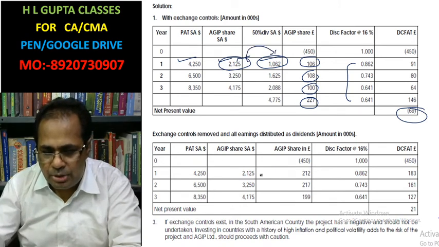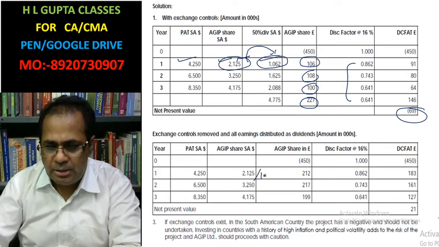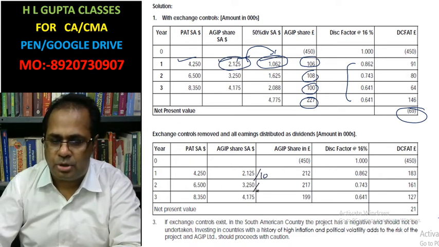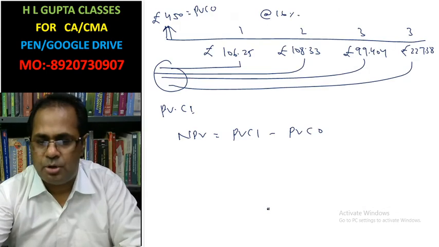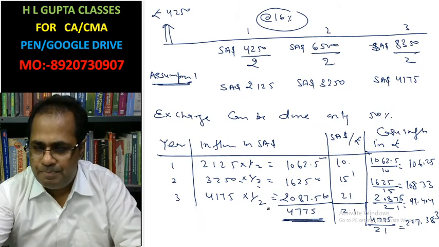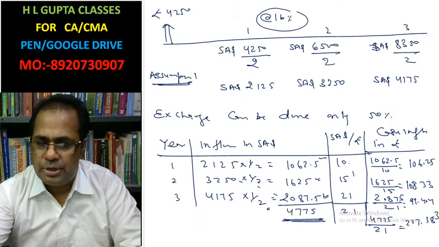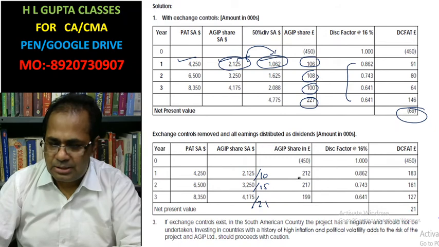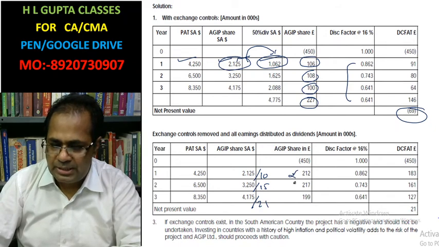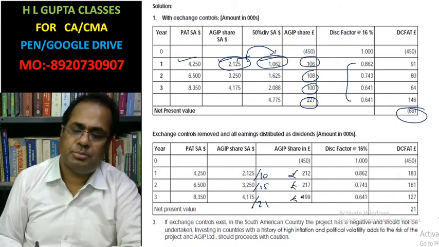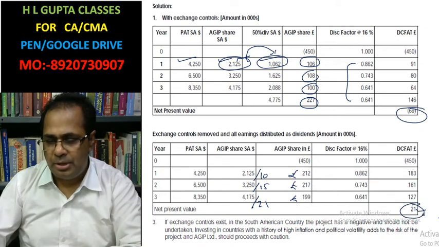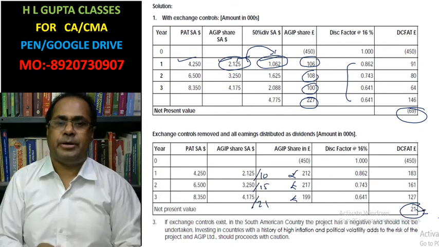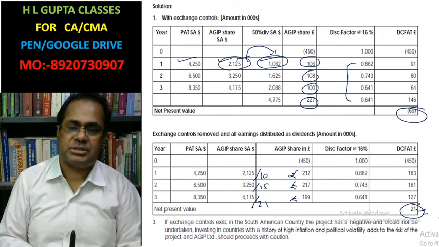The same amount you will convert by 10, by 15, by 21. Then the same pounds will come, and in this case net present value is positive, so the project is accepted.